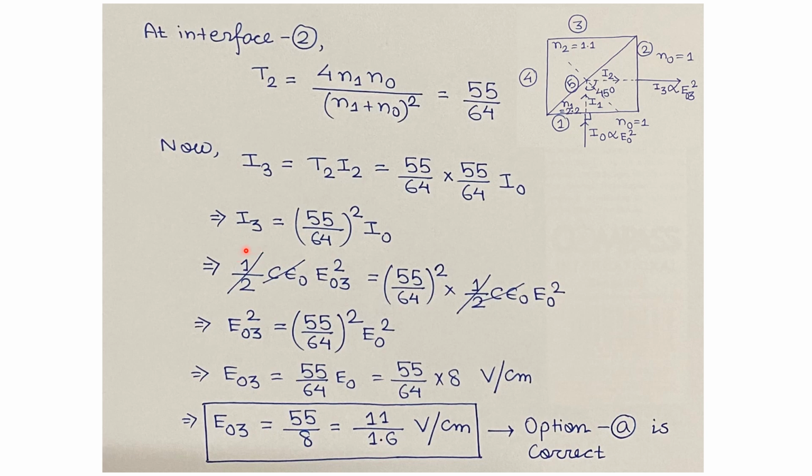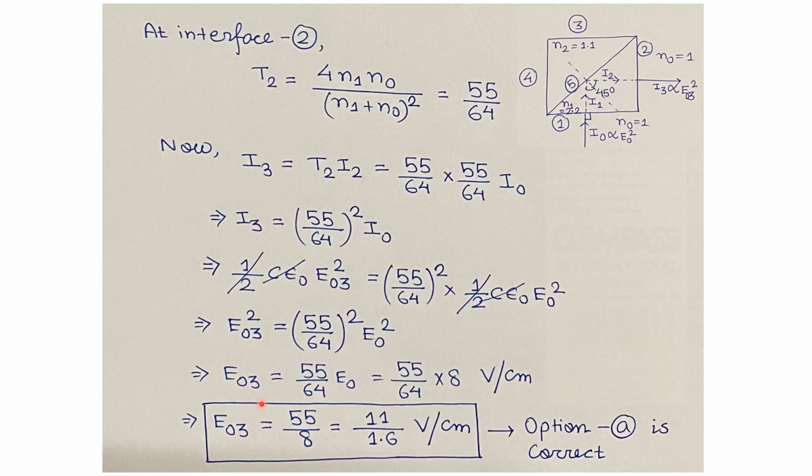Now I3 can be written as half C epsilon naught E03 whole square, where E03 is the amplitude of the electric vector in region 2, and I0 is half C epsilon naught E0 square. So if we just cancel out the half C epsilon naught from both sides, then we have E03 whole square equals 55 by 64 whole square times E0 square.